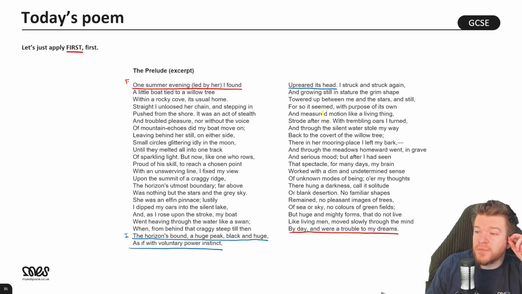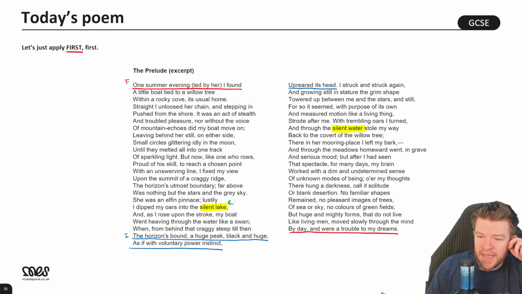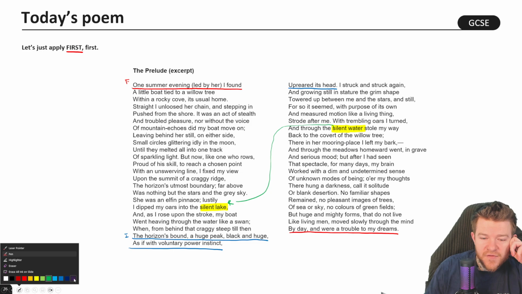And the one that I'm going to jump into, because I think it's quite significant, is the word silent. Okay, so silent water and silent lake. So there is my repetition, and I'm just going to label it with an R and connect it to the place it repeats.